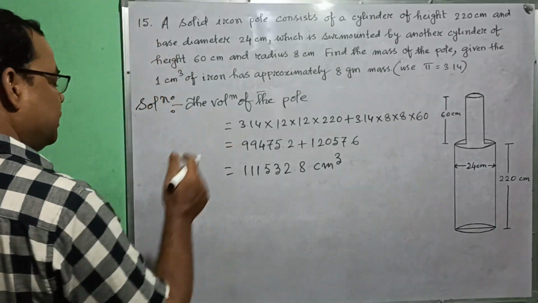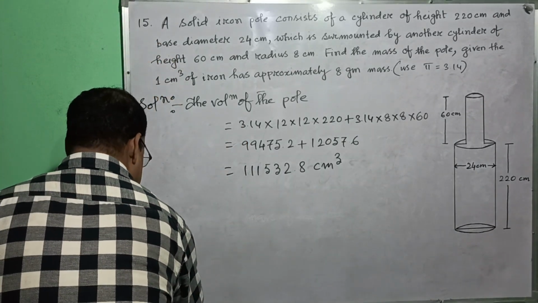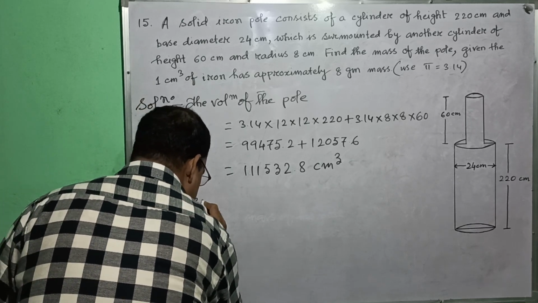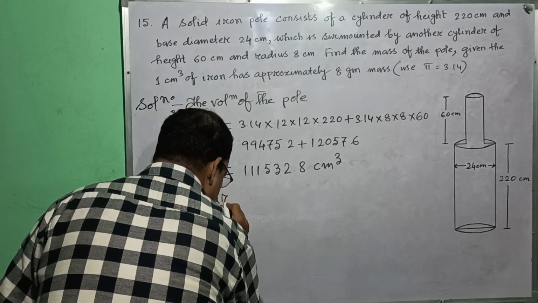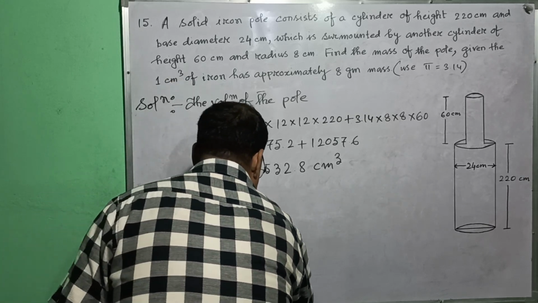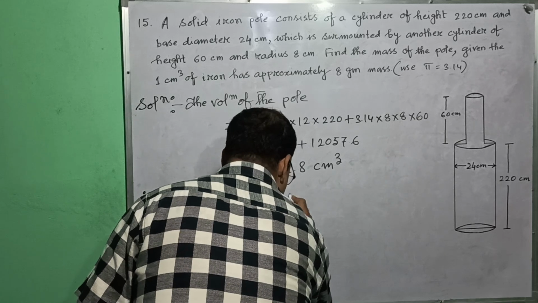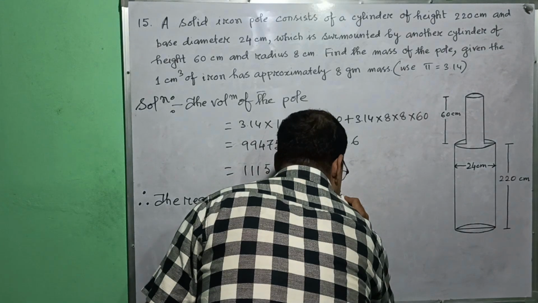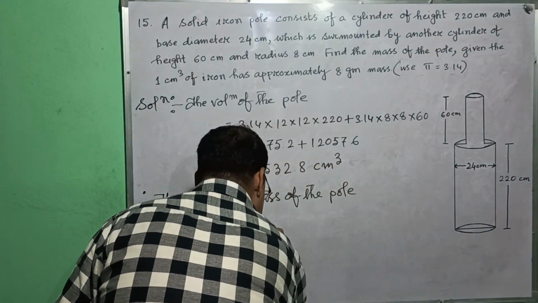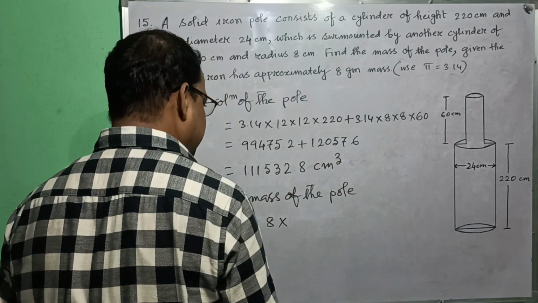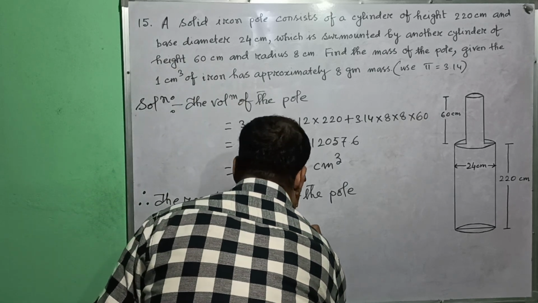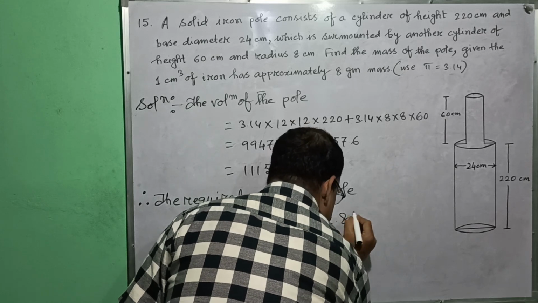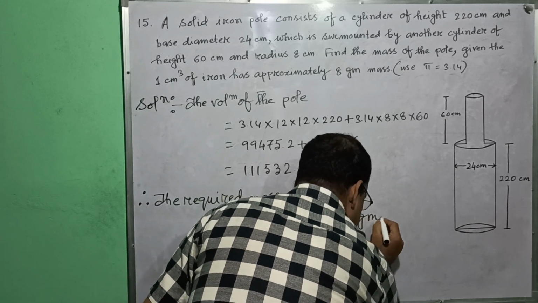Now we'll find the mass. Therefore the required mass of the pole equal, we are just going to multiply with 8. So 8 into 111532.8. So here we will write gram.